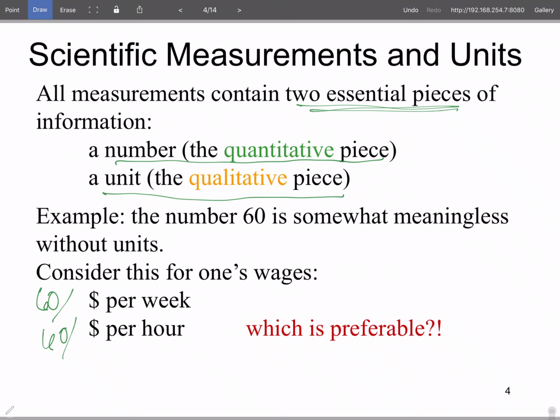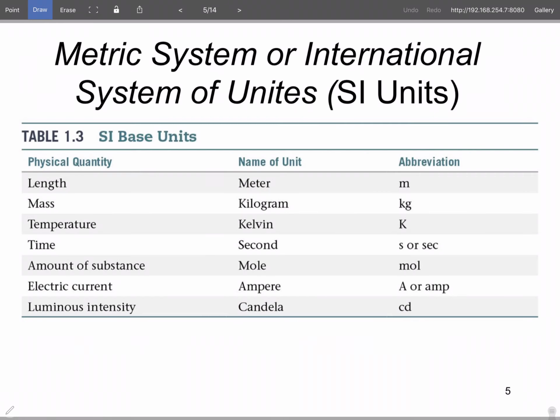And so we not only need to know what the number is, but it's also important that we know what the unit is. The other important thing about the unit is in the sciences, knowing the unit or following your units will tell you where you need to go, which helps you in working the problems. So if you drop the units, you tend to get lost in the numbers.